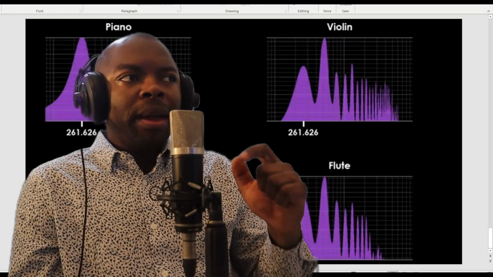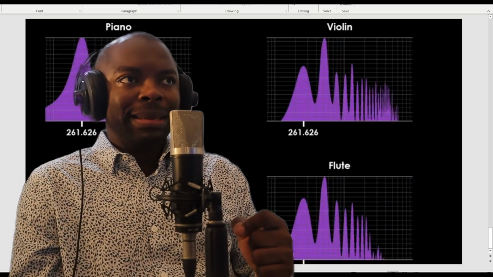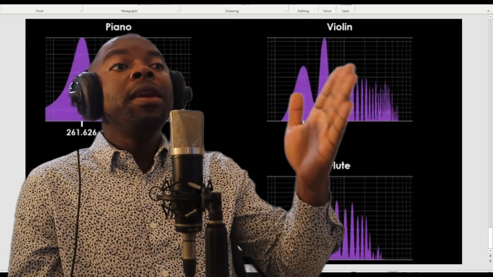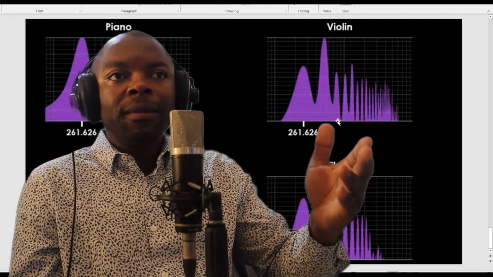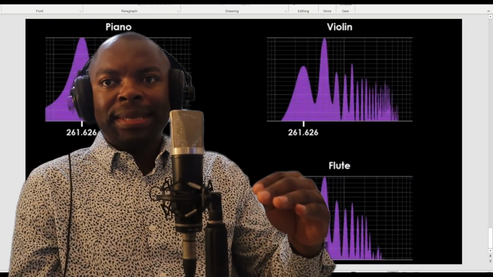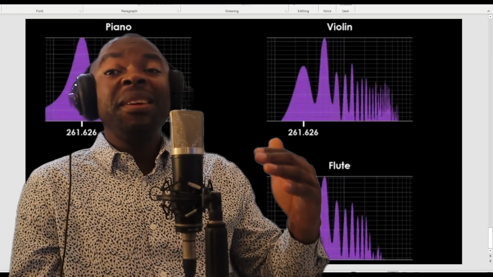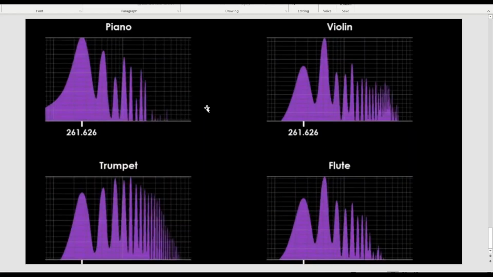Now, this will make you understand as well that a piano and a violin have the same frequency, even though their amplitudes are different. And that will enable you to know how to pan, because if you put these instruments, or say these events, on the same spectrum, which is okay, without panning them, you are going to have them clashing, and I'm not sure that's what we want.